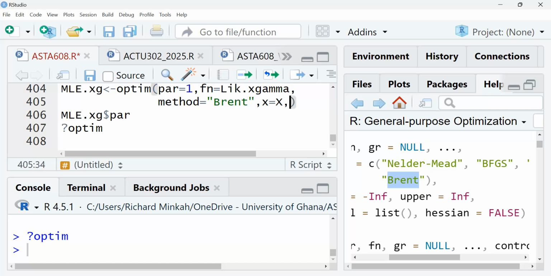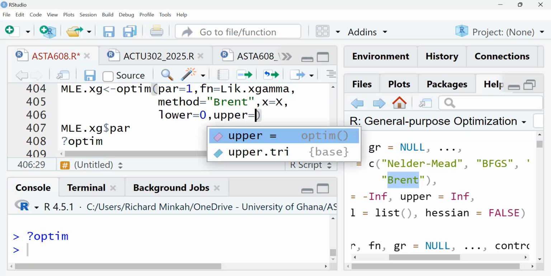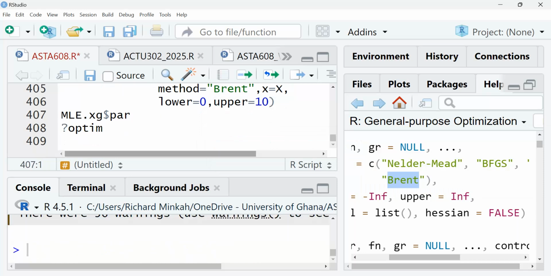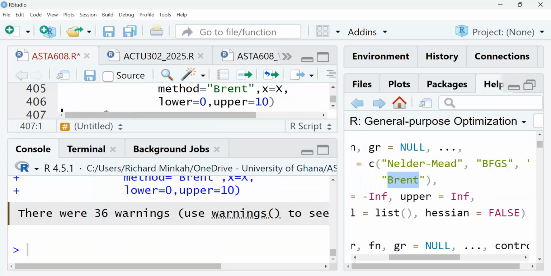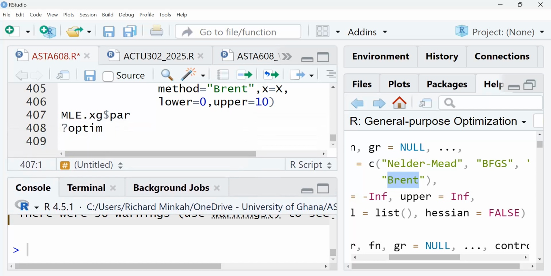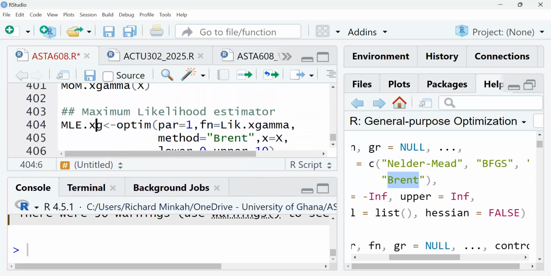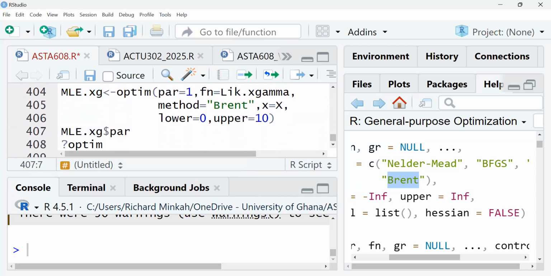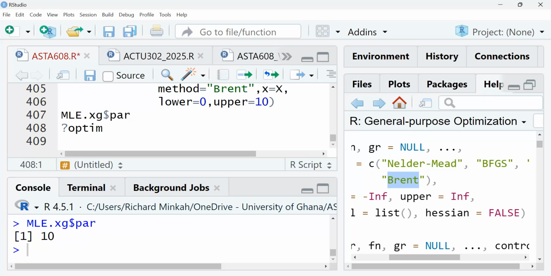Sometimes if I change the... it's not really doing anything.